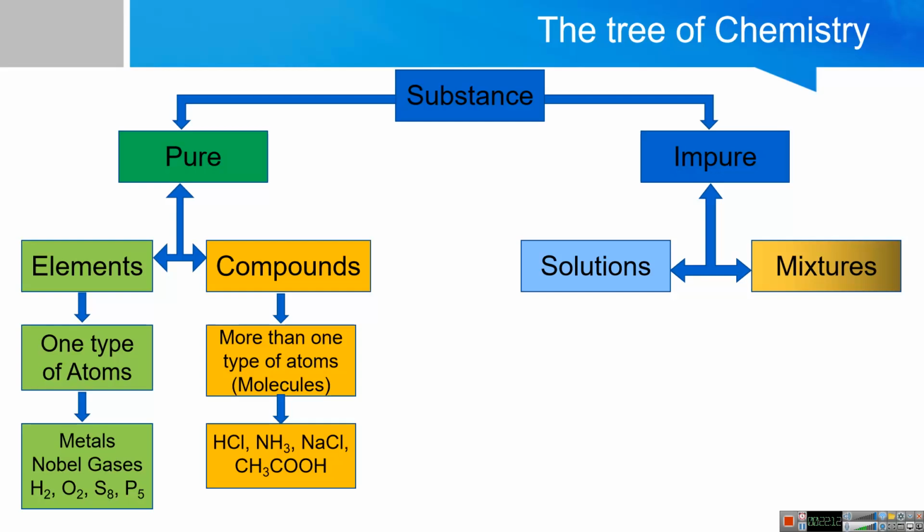Now in contrast to these, when we talk about impure substances, they already have more than one of these pure substances. When you take 2 or more pure substances and you mix them together, they form impure substances, right? They can be termed solutions if they can mix together very well, and if they cannot mix together very well, we call those mixtures. So we say homogenized properties all over for a solution.